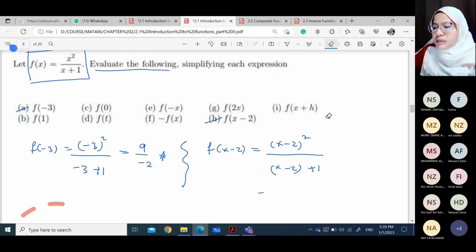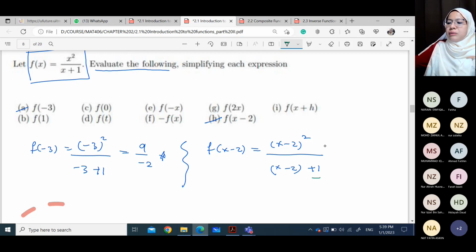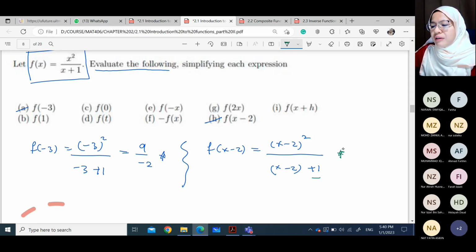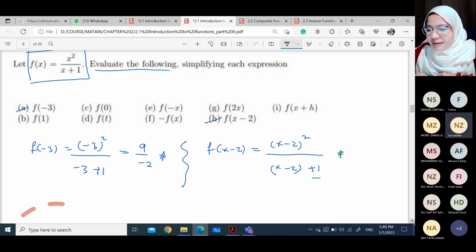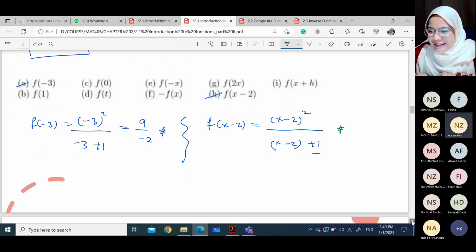So untuk yang ini tak boleh nak simplify sebab kat bawah ni kita ada plus 1 dekat sini. So you tak boleh simplify. Kalau tak ada, you boleh simplify. Yang ini tak boleh lah sebab kita ada plus 1. Okay, so therefore the answer for f of x minus 2 is x minus 2 squared over x minus 2 plus 1. So ini jawapan dia. Okay? Boleh? Ada soalan? Okay.